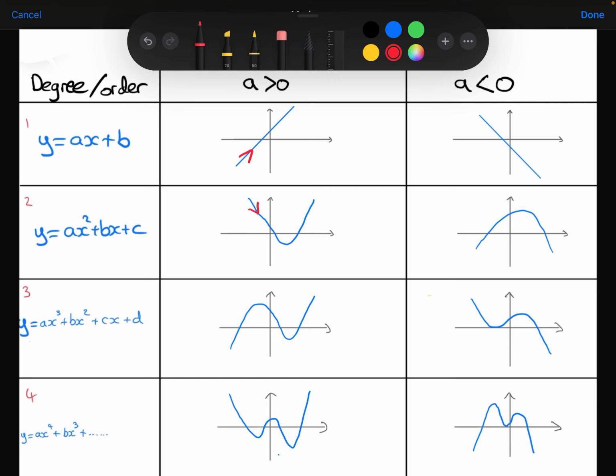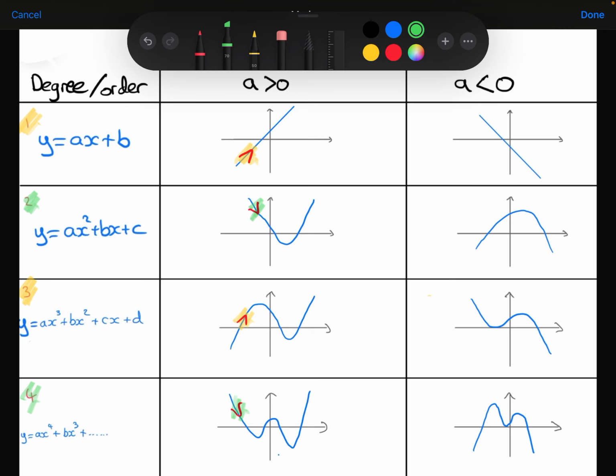The cubic starts going up. The quartic starts going down. So notice how it switches. If it's an odd power, it starts going up. If it's an even power, it starts going down.